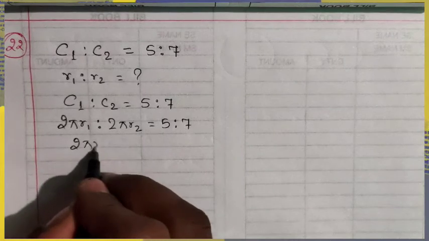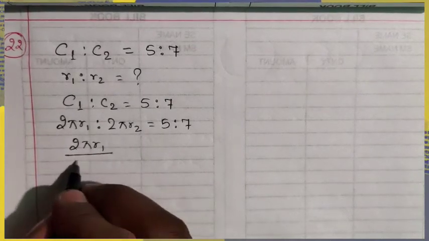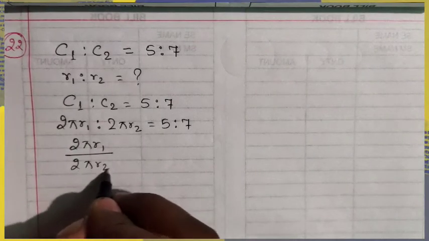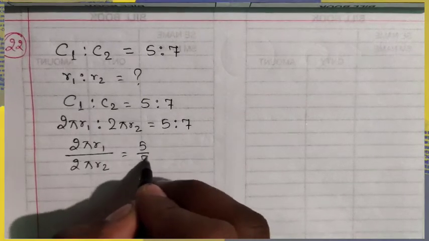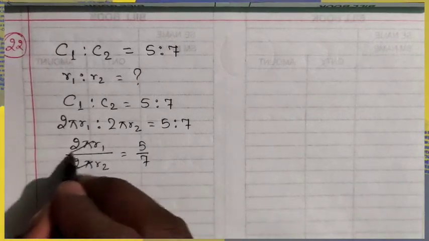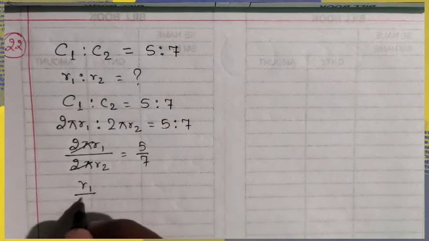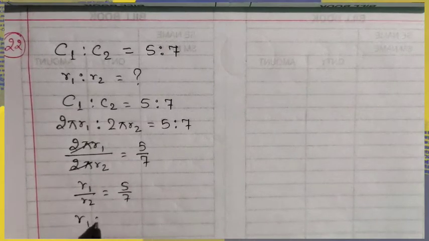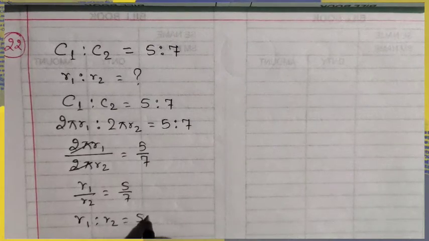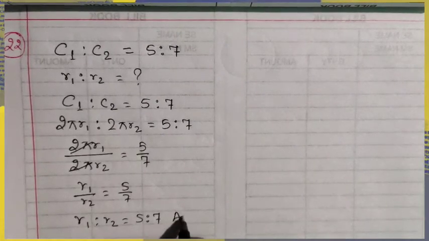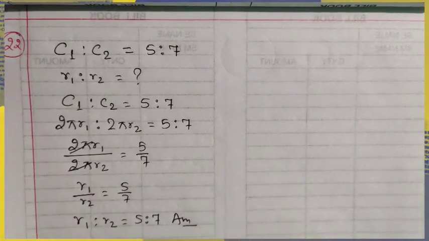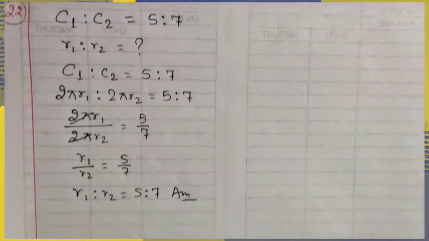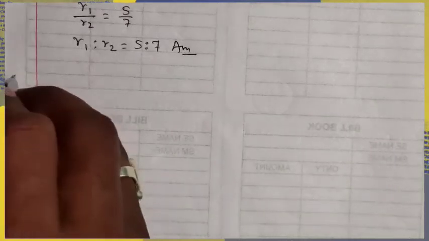Now we will keep it in division form. 2 pi R1 divided by 2 pi R2 is equal to 5/7. 2 pi is cancelled. R1 by R2 is equal to 5/7. It means radius 1 ratio radius 2 is equal to 5:7. The ratio will remain the same. This is your answer.